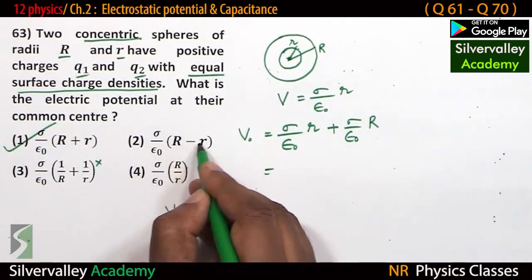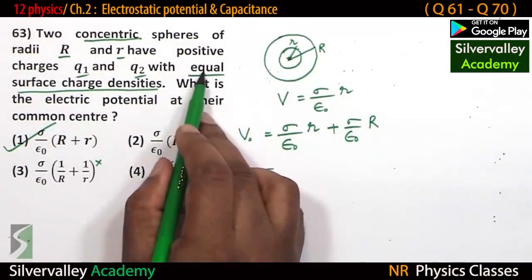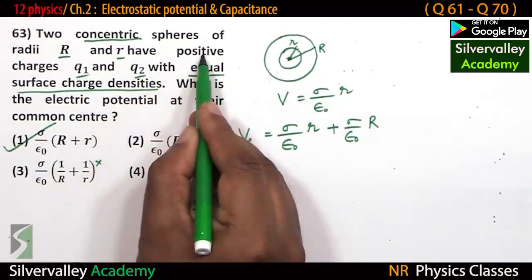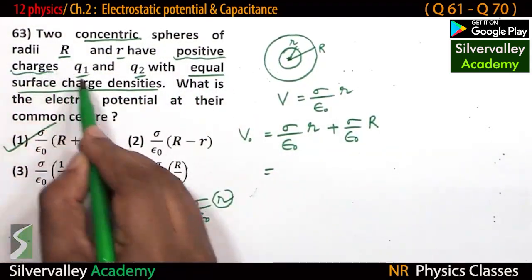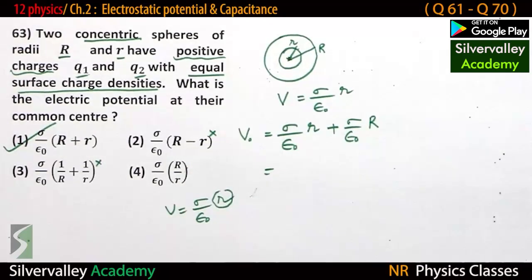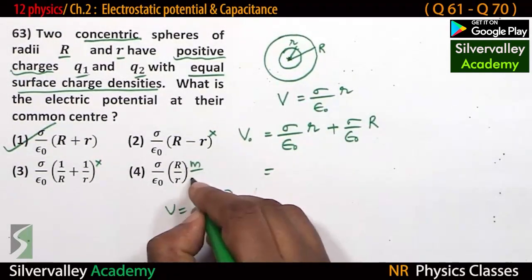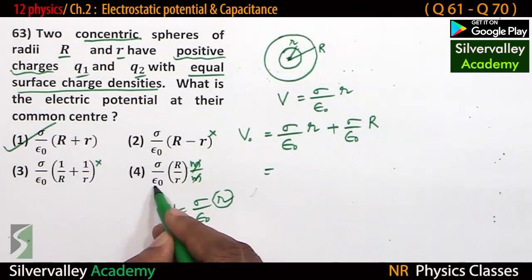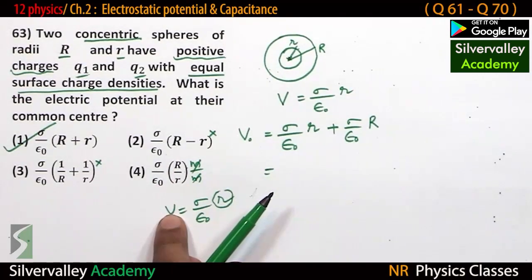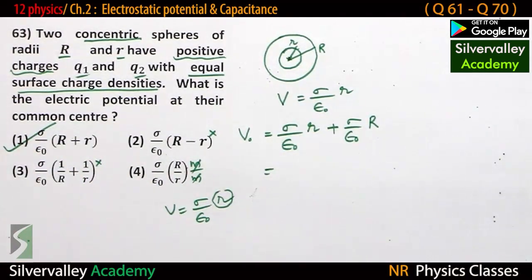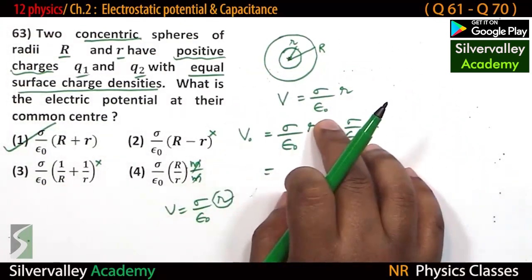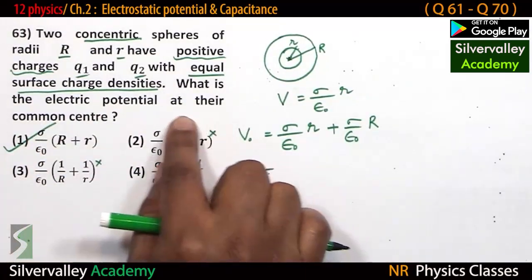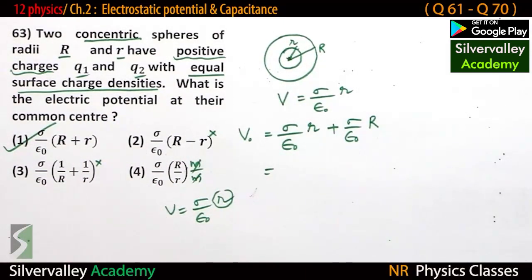It is possible only when unequal or opposite charges are used, unlike charges. But it is mentioned they have positive charges, so this is not possible. R by r means meter by meter, so we are left with only sigma by epsilon naught, which cannot give potential. Therefore, it should be this option. Anyway, you know the method, but still learn how to guess, and in that guessing there should be proper logic.